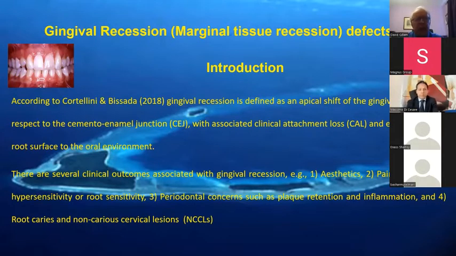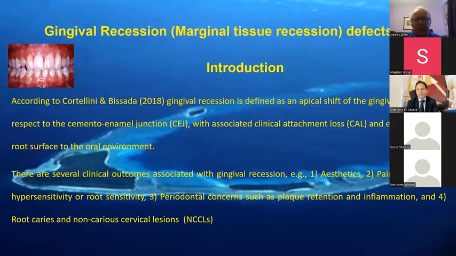I think this is an interesting definition because it combines what we often see historically as buccal or facial gingival loss and clinical attachment loss with what we call interdental loss. So I'll explain that.